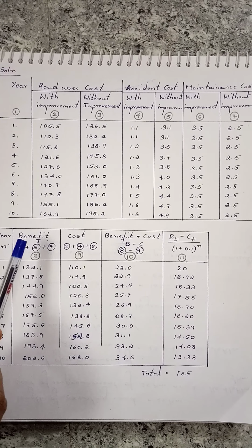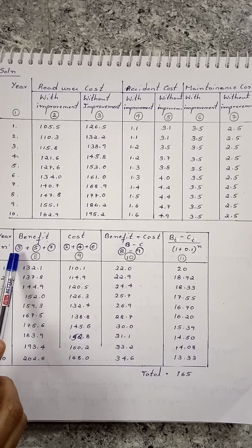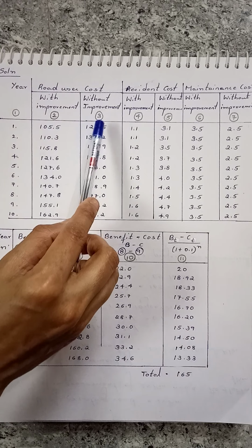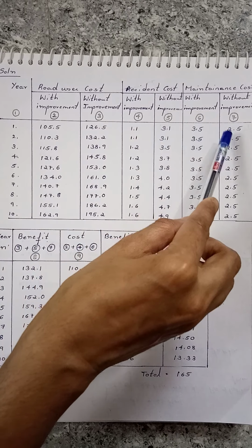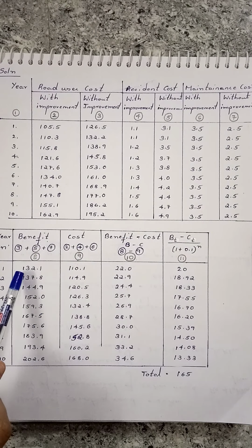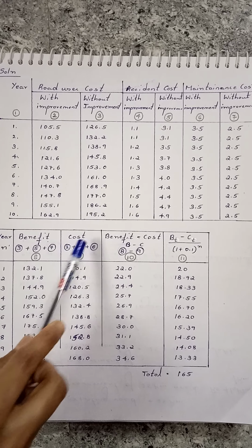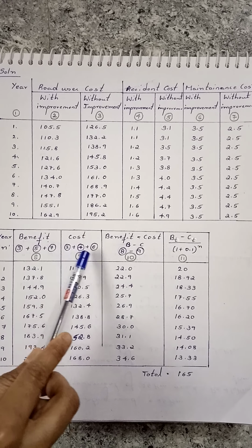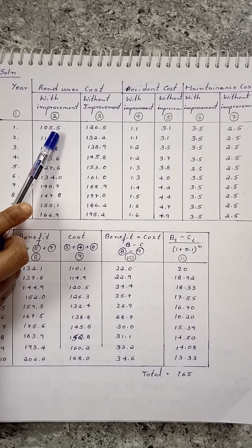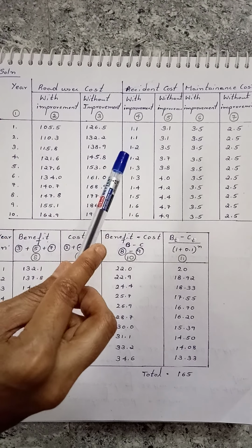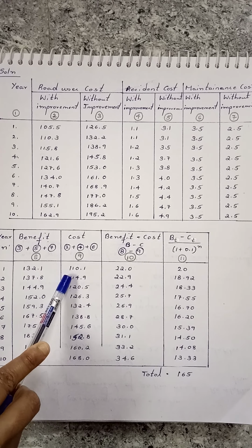For example, when we take year n equal to 1, the benefit 3 plus 5 plus 7 is 126.5 plus 3.1 plus 2.5, which will give you 132.1. In case of cost, that is 2 plus 4 plus 6, that is 105.5 plus 1.1 plus 3.5, which will give you 110.1.